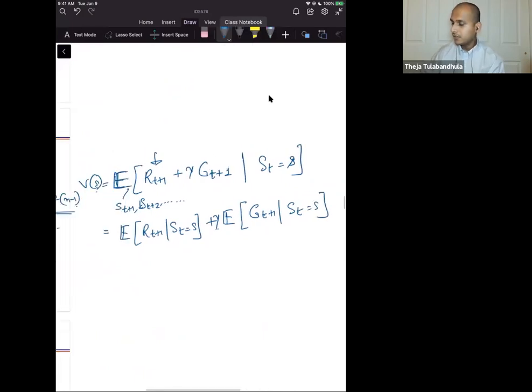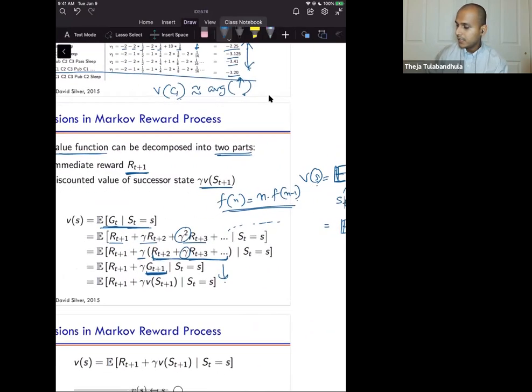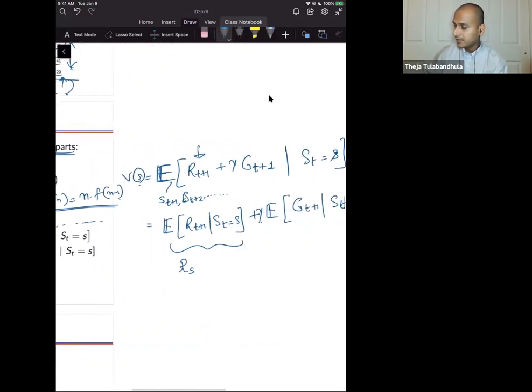Here I haven't done anything, I just broke the expectation into two terms: the expectation of a sum of two terms is just the expectation of the first term plus the expectation of the second term. Now, by definition, this first term is r of s. You don't have to write it explicitly, but this is r of s.